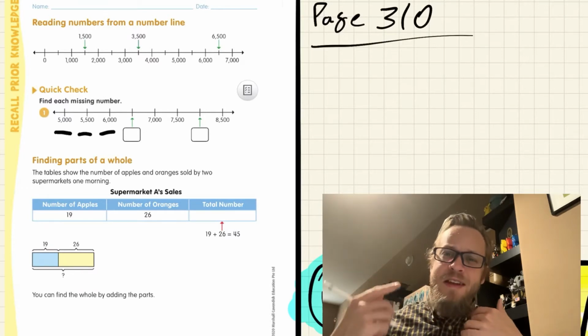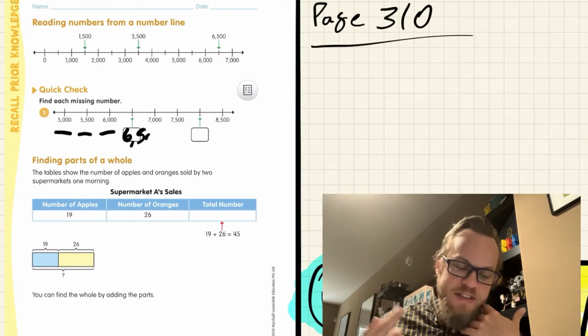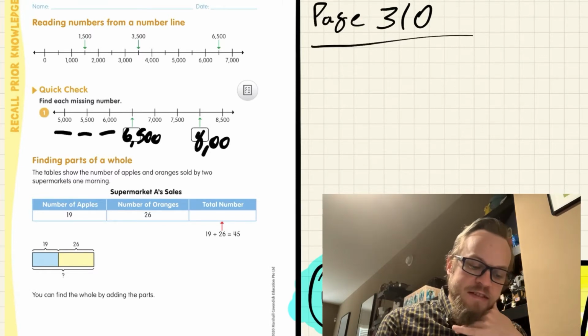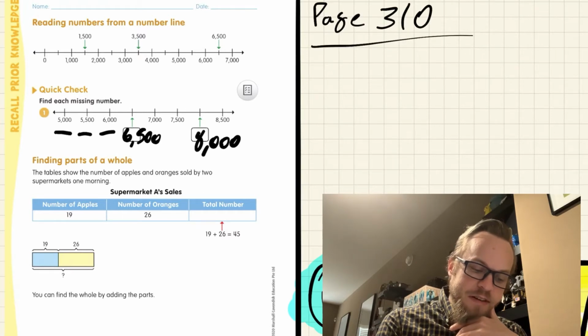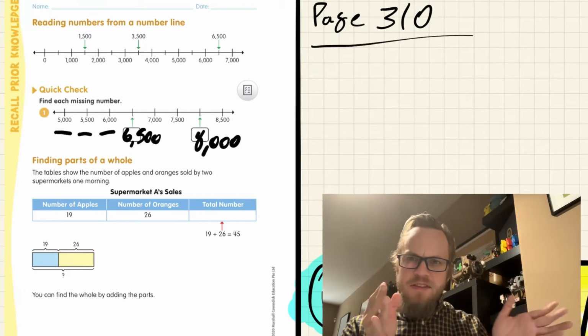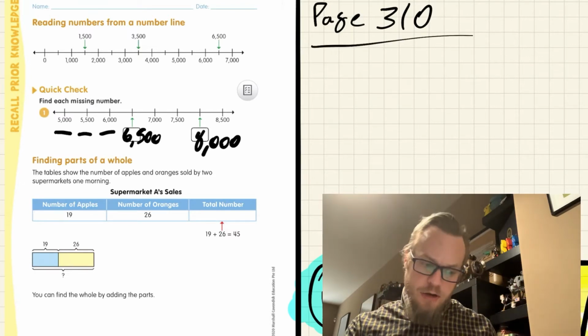Well, that's telling me that it's adding up by 500 each time. So the next numbers in the sequence would be 6,500, 7,000, 7,500, 8,000. And that just fills in the blanks based off of the data we already know.